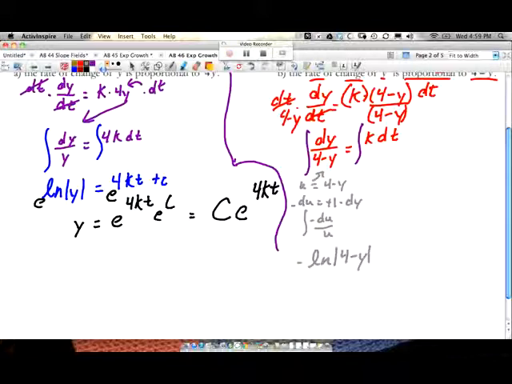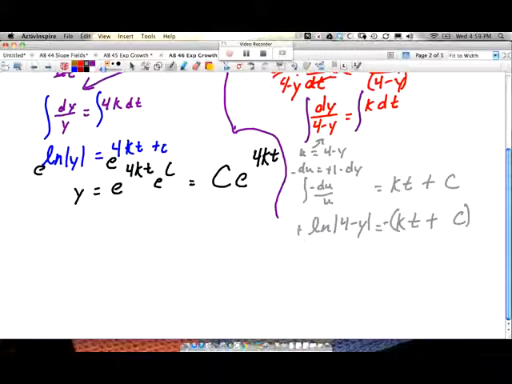And on the other side, well, that's much easier. That side's just going to be equal to kt plus c. Well, this negative here, I can multiply to the other side, so negative kt plus c, which is really like negative kt minus c, which is still negative kt plus c. And then we take e of each side, no big deal, and then we have 4 minus y equals e to the negative kt times e to the c.